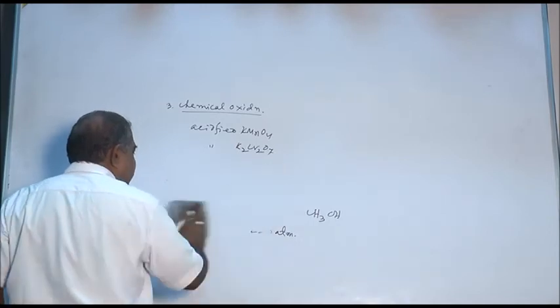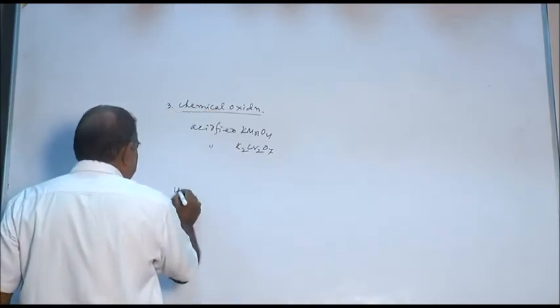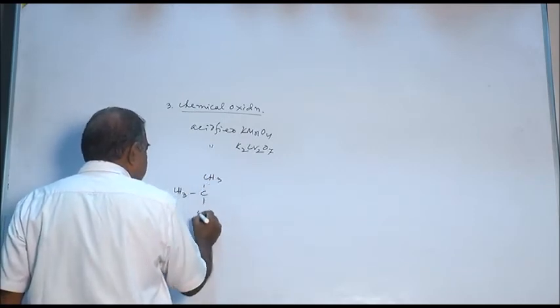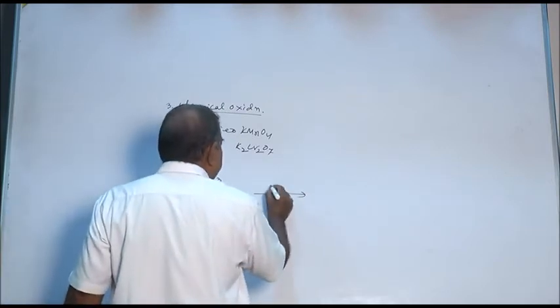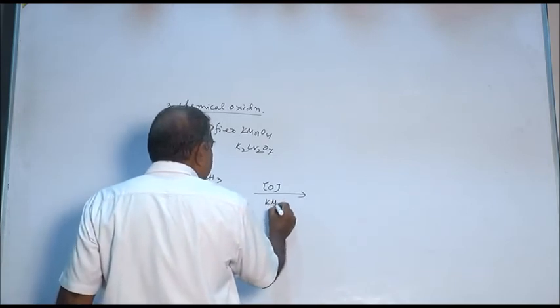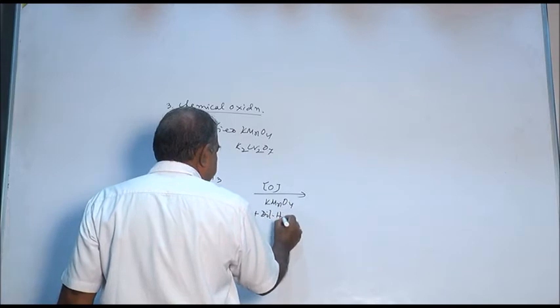However, alkanes having a tertiary carbon atom, that means a carbon atom attached to 3 more different carbon atoms, when oxidized, give the corresponding alcohol, say with KMnO4 mixed with dilute sulfuric acid.